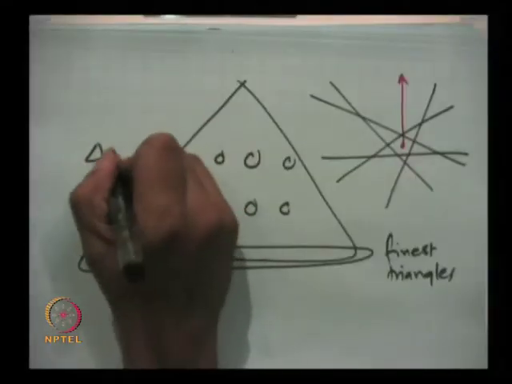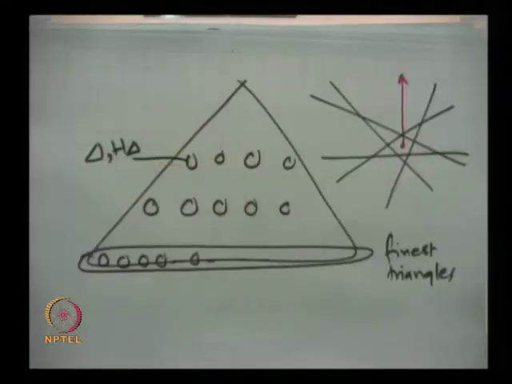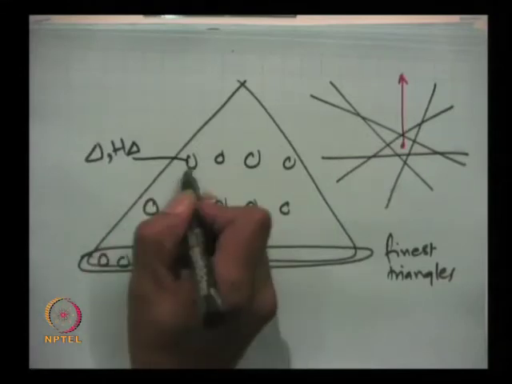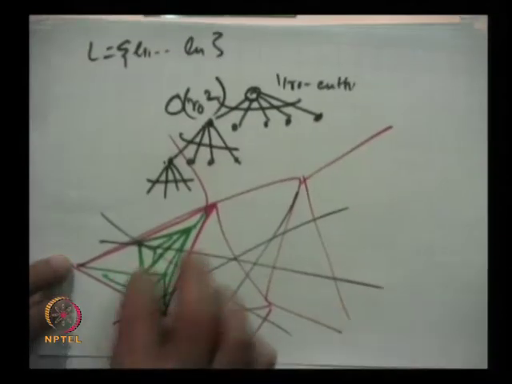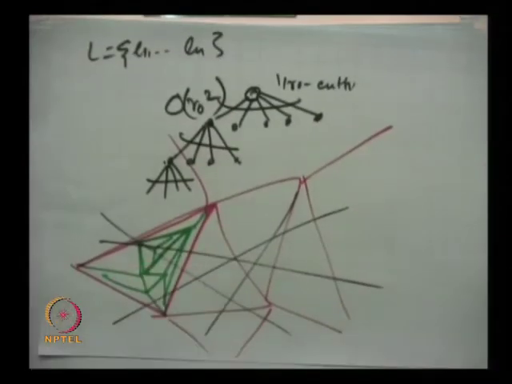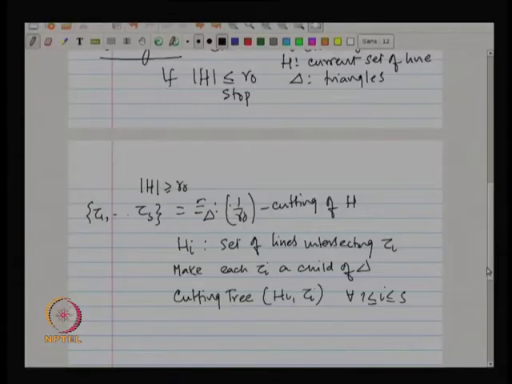Just to remind you that each node here has a triangle associated with it, and let us say a set of lines H_delta, which are lines intersecting there. And then you computed a cutting, and then you got a refinement of this triangle. What I showed you here. So, if you look at this data structure, you have to store some additional information at each node, but then how will you answer half plane range count?